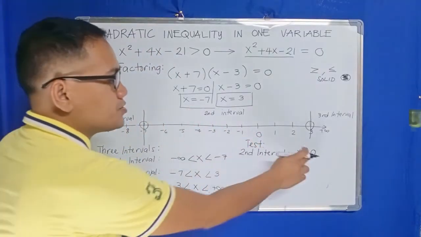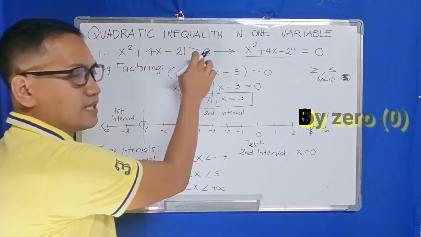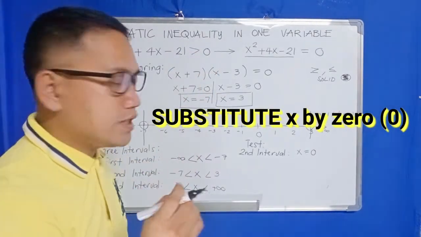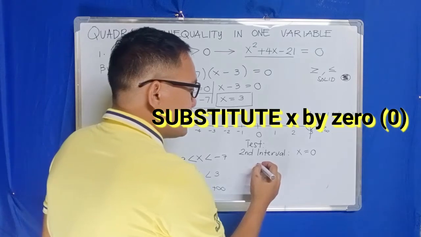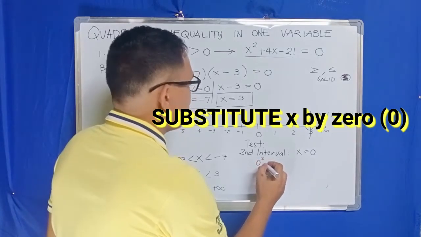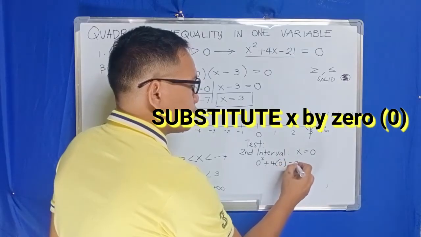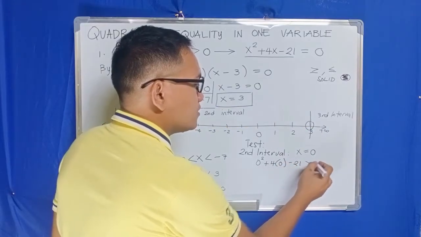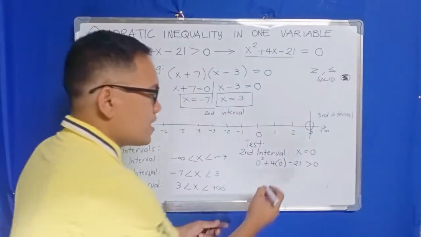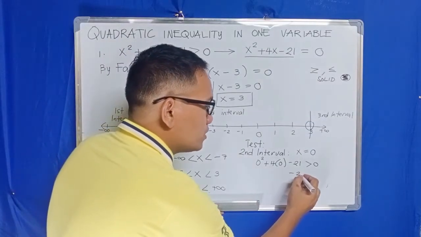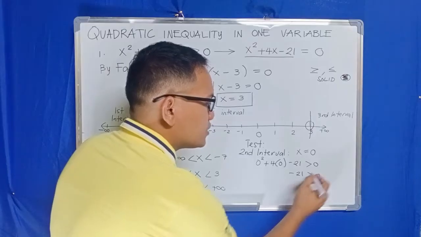So substitute 0 in our quadratic inequality to check if they are solutions or not. So here, we will have 0 squared plus 4 times 0 minus 21 greater than 0. So we will have 0 minus 21, that is negative 21, greater than 0.